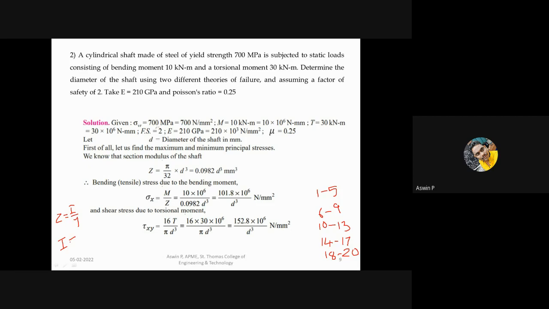I will be pi by 64 d raised to 4, and y will be d by 2.